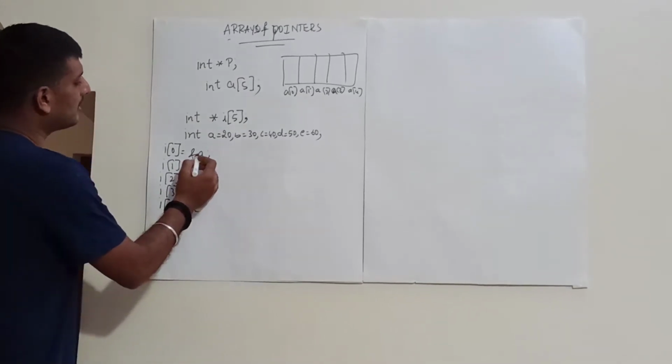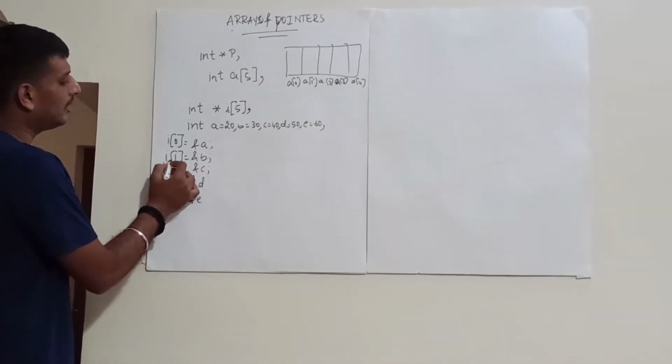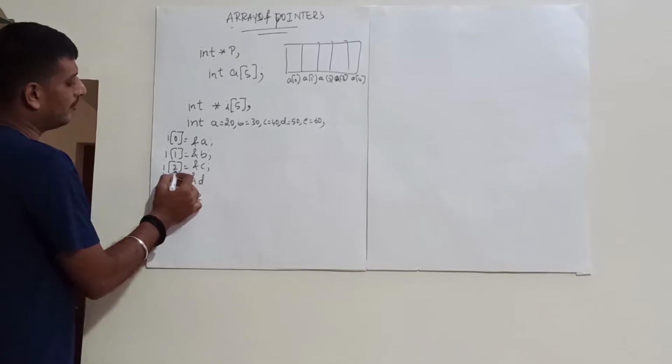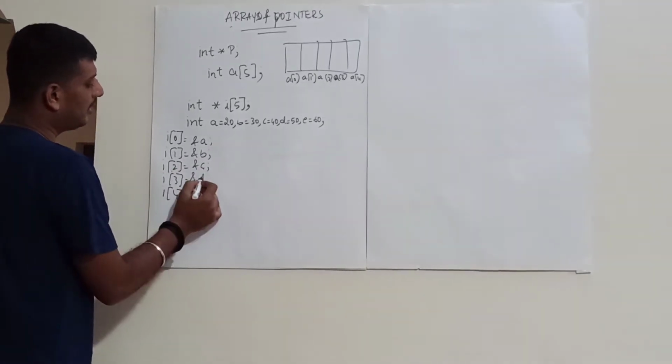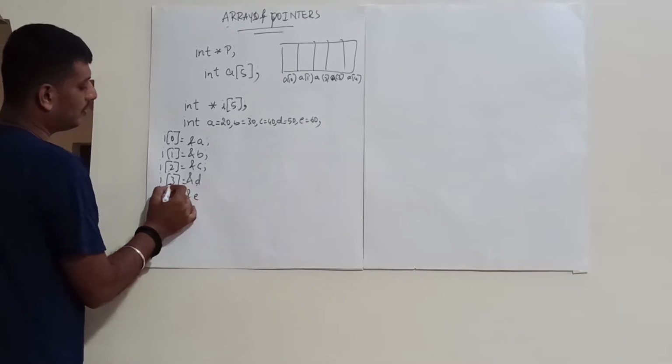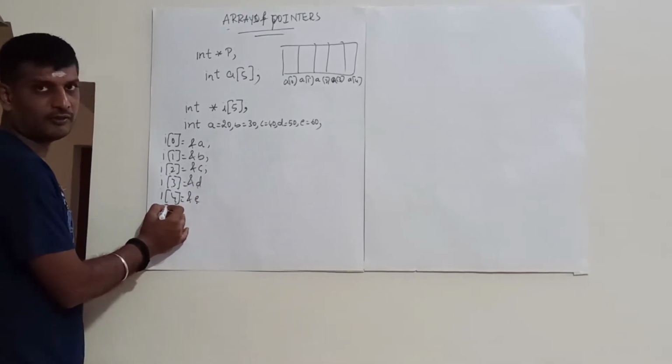So what I am doing is assigning the address of a to i[0], the address of b to i[1], the address of c to i[2], the address of d to i[3], and the address of e to i[4].